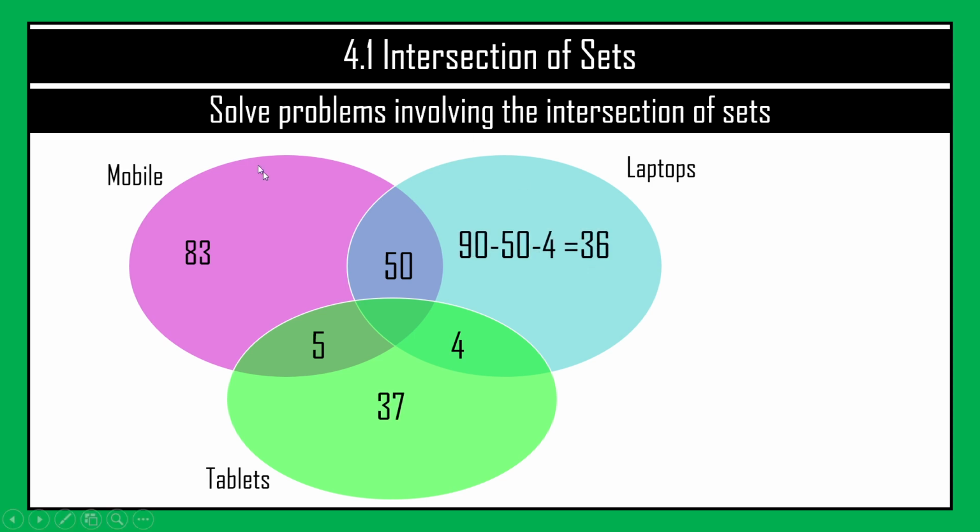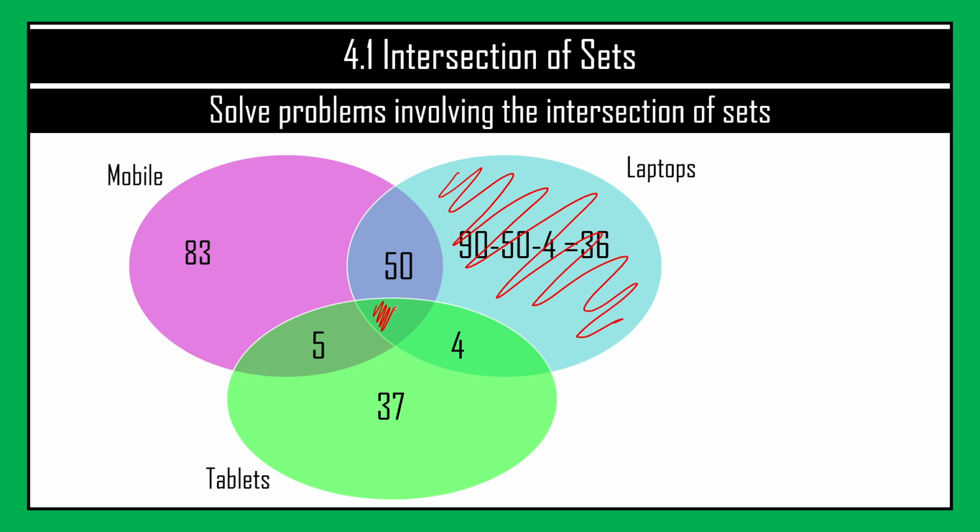So I need to minus the 50 from the overlapping, and the overlapping here 4. So 36 represents this non-overlapping area plus this area. Okay, so that one is for the 36.